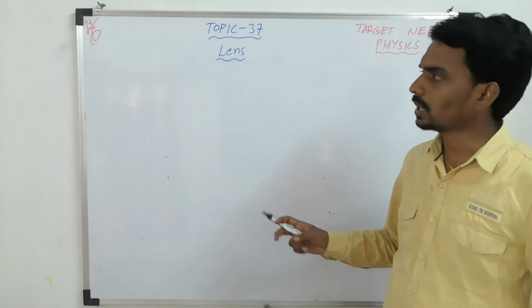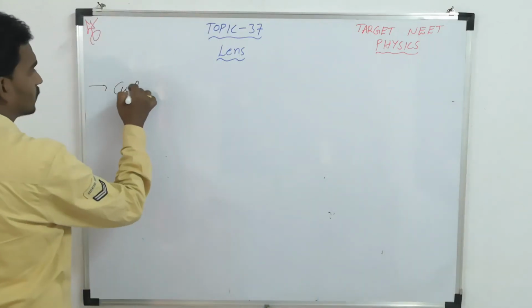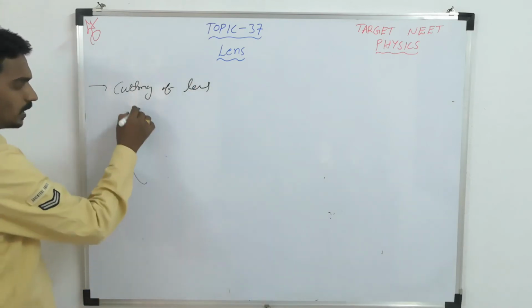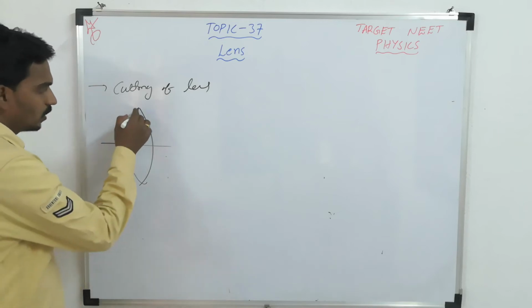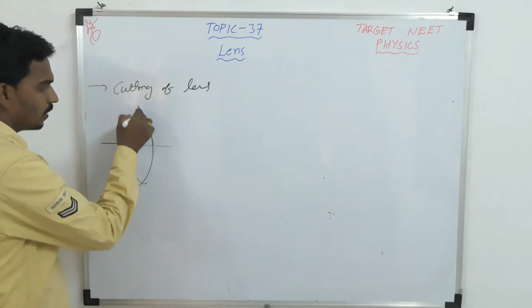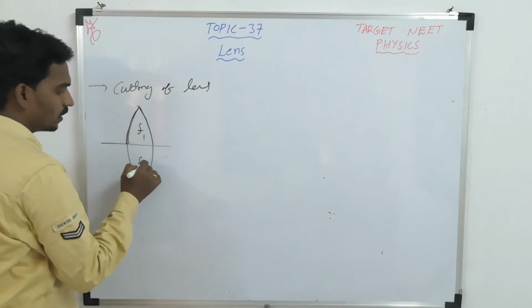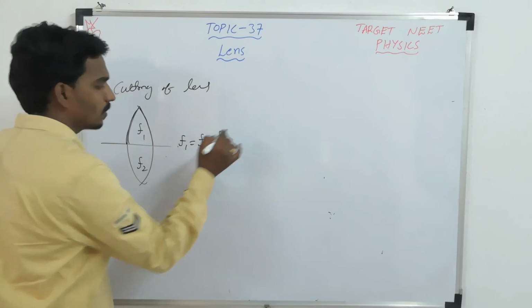Now, one more type of question, that is based on cutting of a lens. So if you take a lens and cut it into two equal parts like this, each part has the same radius of curvature. So if this focal length is f1 and this is f2, then f1 equals f2 equals the same f.